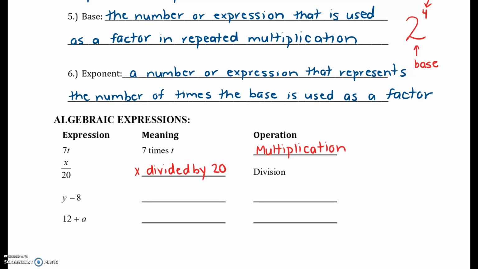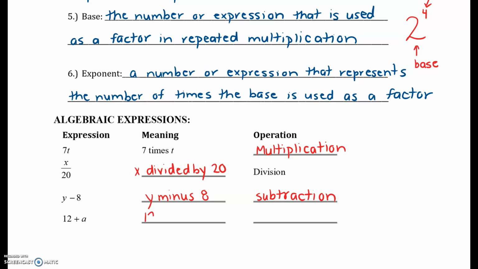In the third example here, you have y minus 8. And at this point, I think that most of you know that means that we are going to be subtracting. So the operation is subtraction.